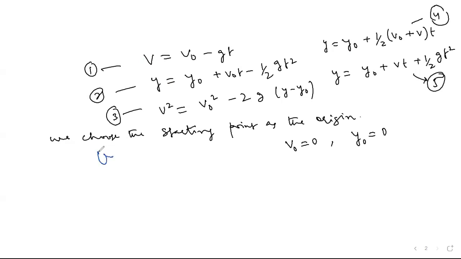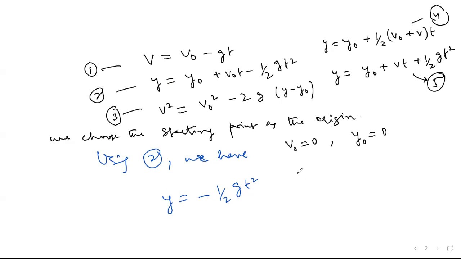So using second, we have y is equal to, y naught is 0, v naught is 0, this term will go, y is equal to minus half gt square.